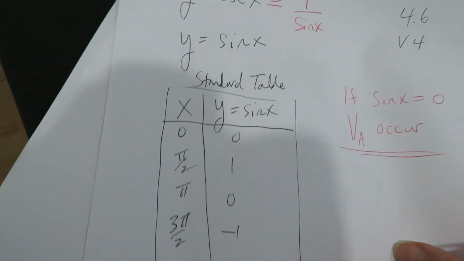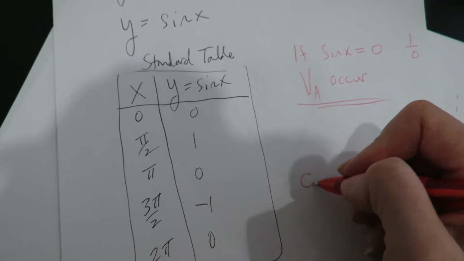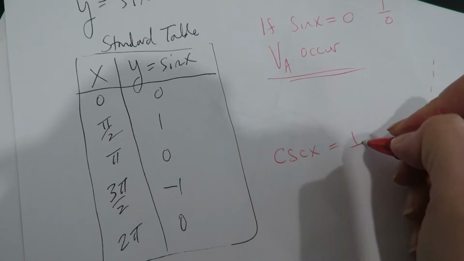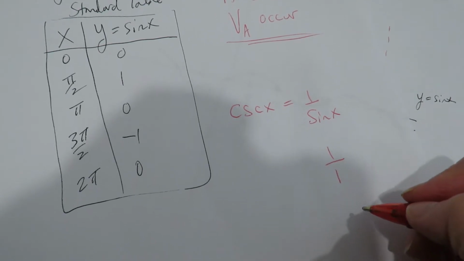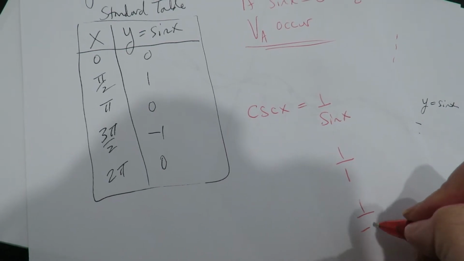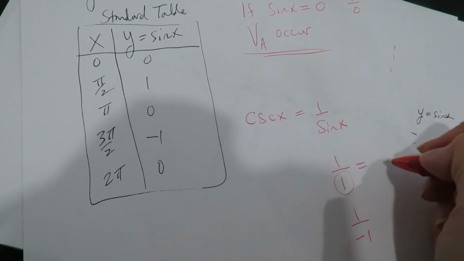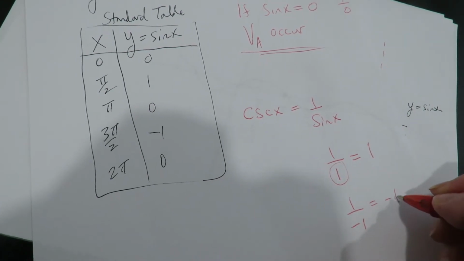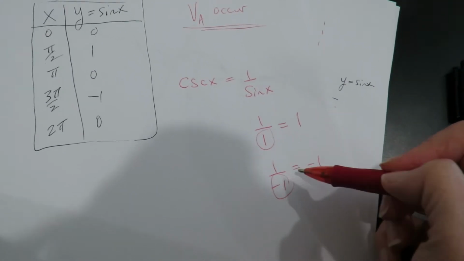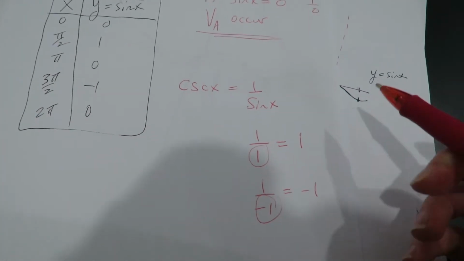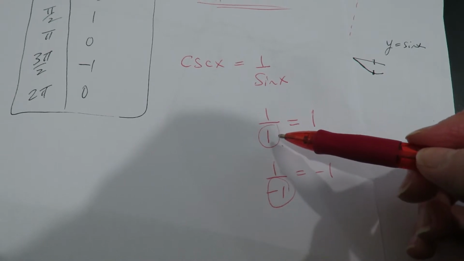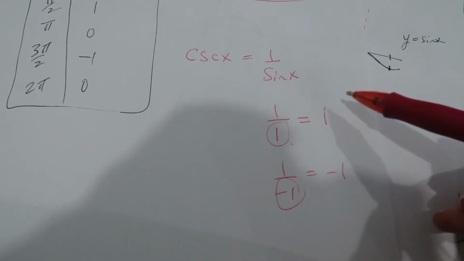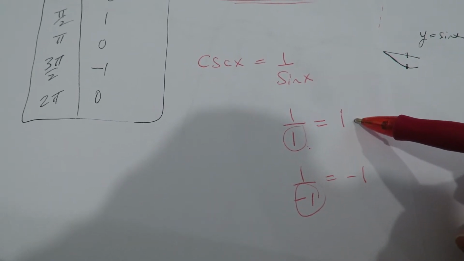The next thing I want you to recognize is that when the sine is equal to 1, or when the sine is equal to -1, the cosecant is also equal to those values. I'm going to say that one more time. At angles where the sine equals 1, the cosecant also equals 1.